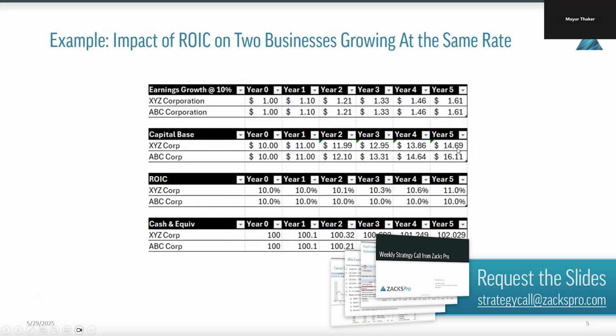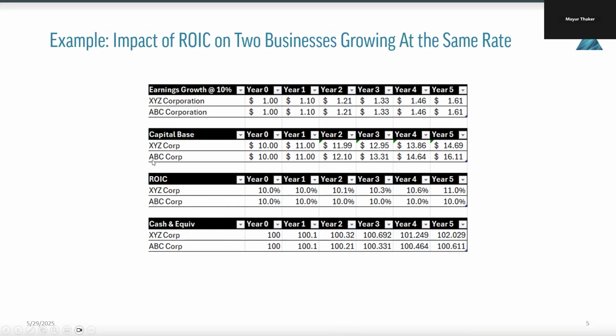$10 of invested capital is now $14.69 of invested capital. And now for company ABC, I assumed a 12% growth rate over time. There you can see that by year five, you have $16.11 of total invested capital. If you look at it, the numerator over the denominator tells you the ROIC.